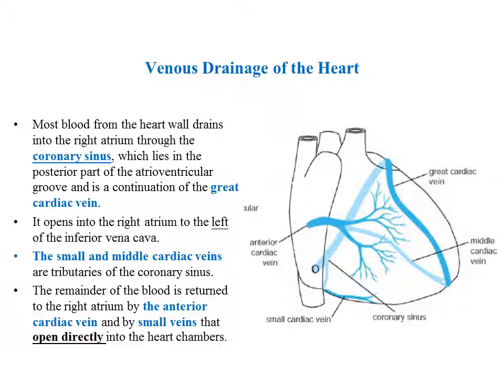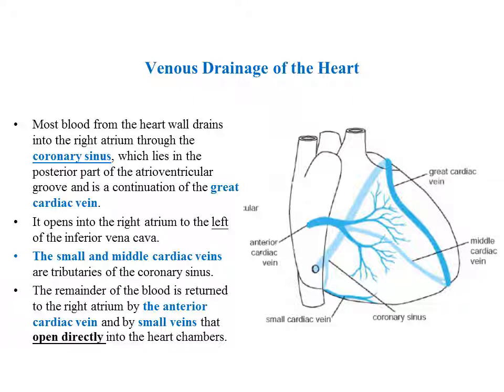But here, for the venous drainage of the heart, most of the blood from the heart will drain into the right atrium through the coronary sinus, as we have mentioned. It lies in the posterior part of the atrioventricular groove and is continuous with the great cardiac vein. Ultimately, the coronary sinus will open into the right atrium, to the left, just keep it in mind, to the left of the IVC, or inferior vena cava.